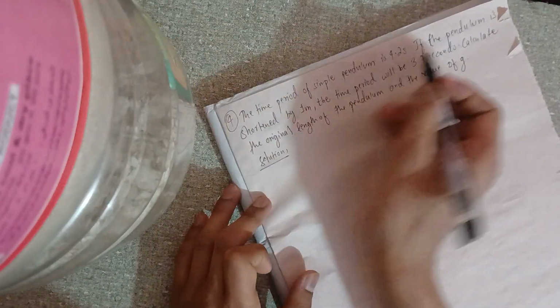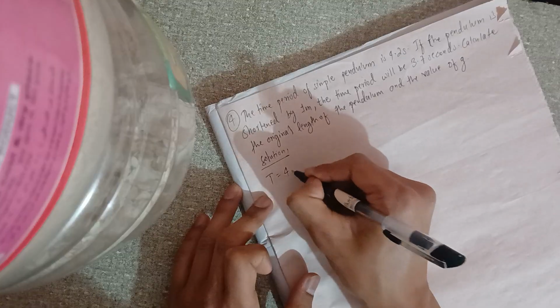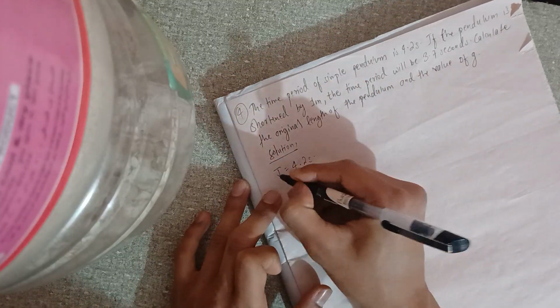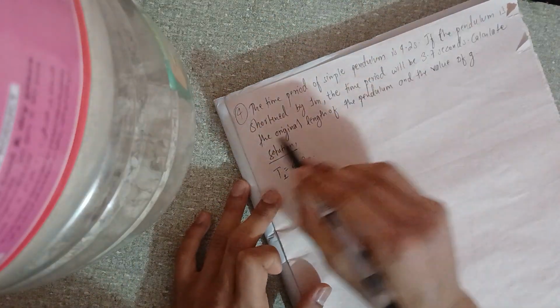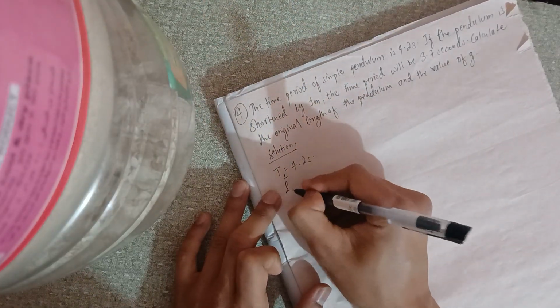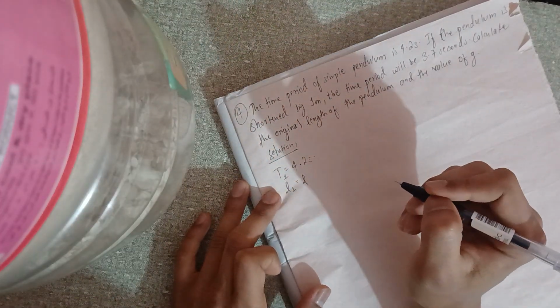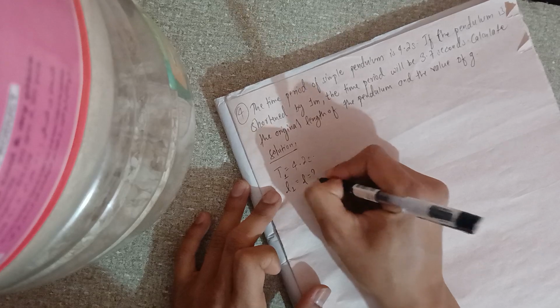So if you go and write up the solution, what has the question given us? It has given us the time for a simple pendulum is 4.2 seconds. It will be T1, and the pendulum is shortened by 1 meter. So let L1 be L, we need to find that.